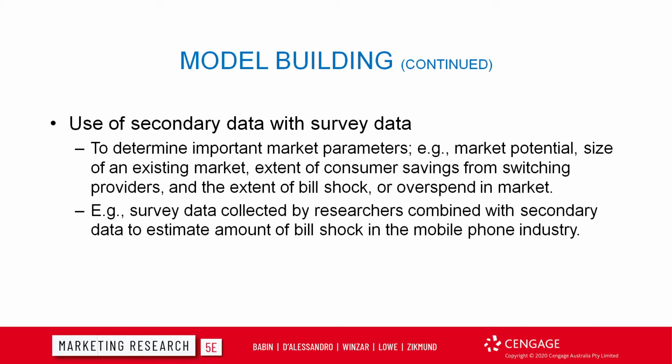For example, survey data collected by researchers combined with secondary data to estimate the amount of bill shock in the mobile phone industry. Here, if you wonder, bill shock occurs when you receive a bill that is higher than you are expecting, and it can lead to a negative reaction in the consumer, and this can be caused by many factors.